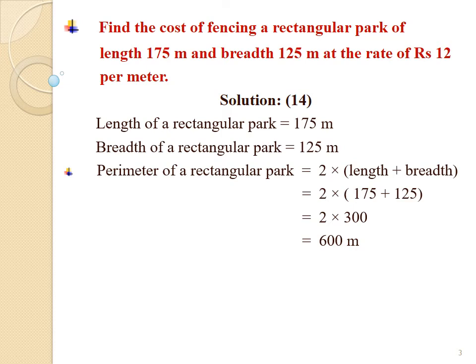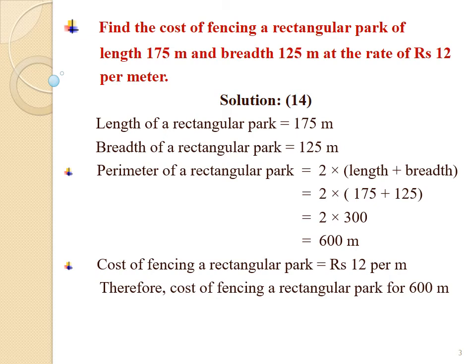Now, let us find the total cost of fencing the rectangular park of 600 meters. Cost of fencing for 1 meter equals rupees 12. Therefore, cost of fencing for 600 meters equals how much?